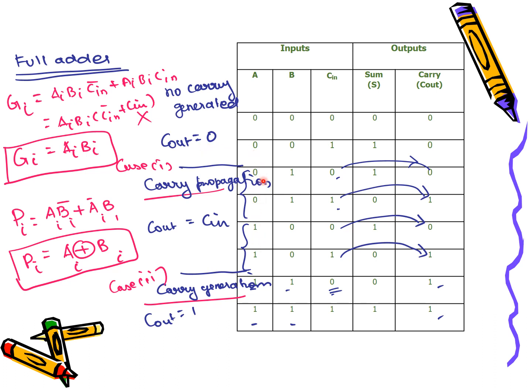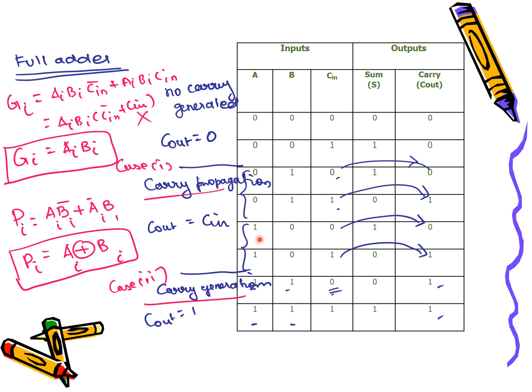And for the next 4 cases, look at the inputs. Whenever A is 0 and B is 1, whatever carry was generated previously is propagated to the next stage: 0 stays 0, 1 stays 1.